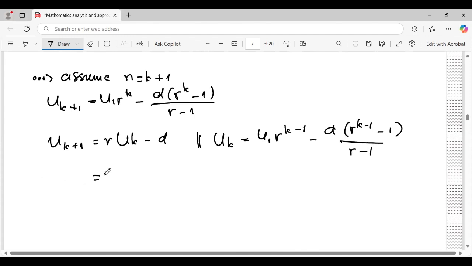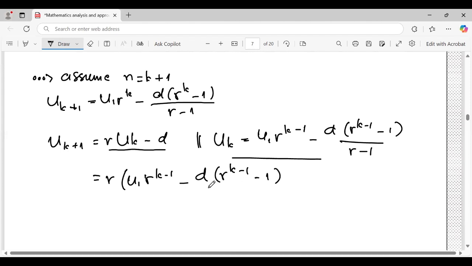So substitute this expression into this expression: r times uk minus d.